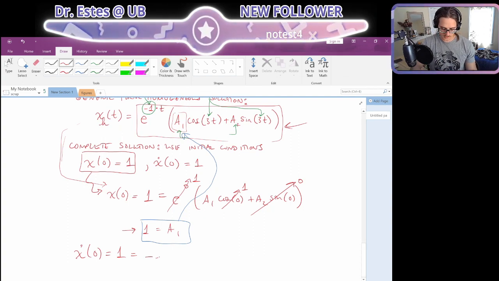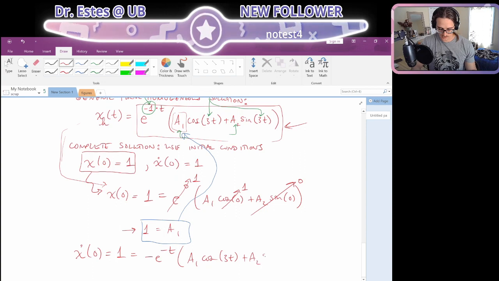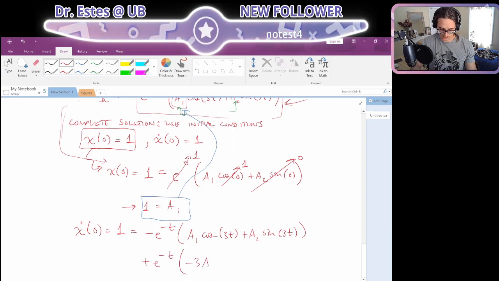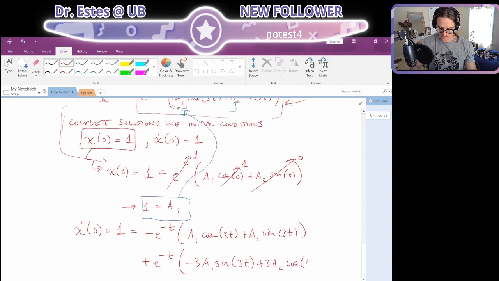So that's negative e to the negative t (a1 cosine 3t plus a2 sine 3t) plus e to the negative t (minus 3a1 sine 3t plus 3a2 cosine 3t).